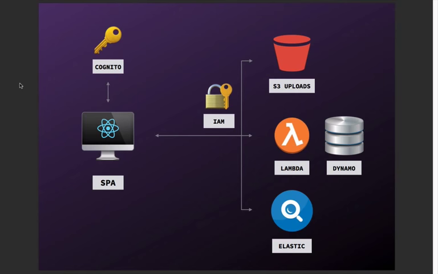You can hook up a Lambda that handles authentication. When a user logs in, Cognito triggers the Lambda: hey, help me authenticate this user. Lambda can talk to your PHP or monolithic server and ask how to authenticate this person, and after it's authenticated, it tells Cognito, and then you can authenticate the user. So Lambda can be used in any way possible.